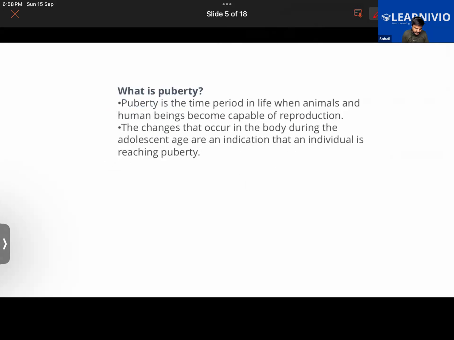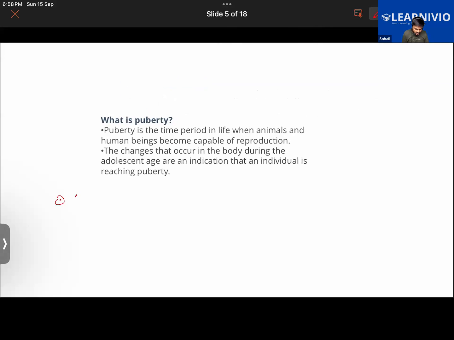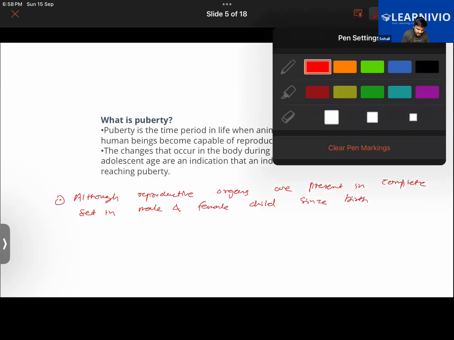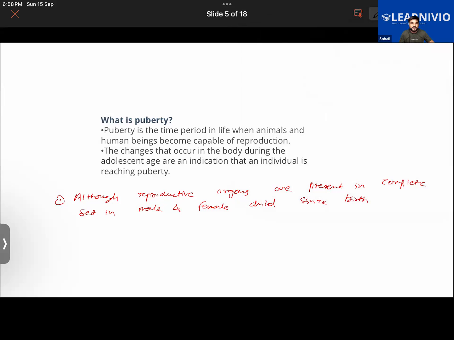The first thing is that, as I said, although reproductive organs are present in complete set in the male and female child since birth, they remain non-functional.